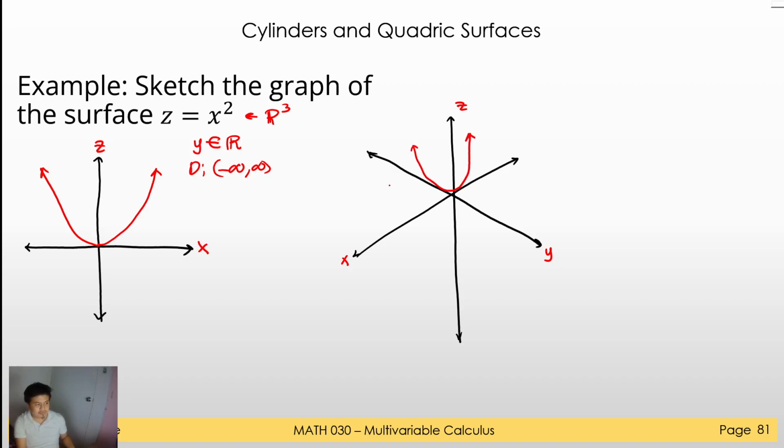At this point, this is the intersection, or the cross section, of your graph. And you can extend this for this one as well.